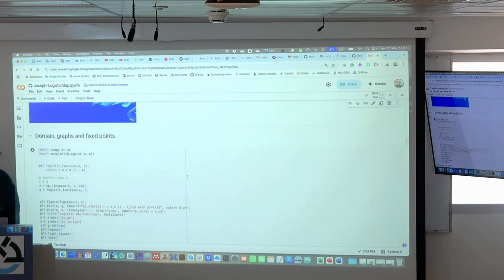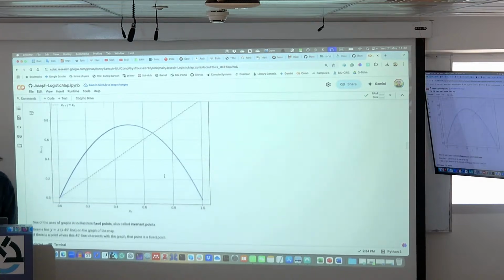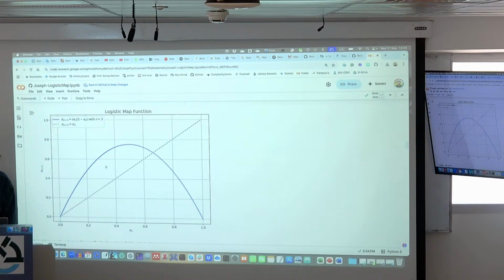So let's talk about the domain graph and the fixed points. First, you can see we graph xn plus 1 versus xn, and you plot xn plus 1 equals xn. So here you have two stable points. First is 0.